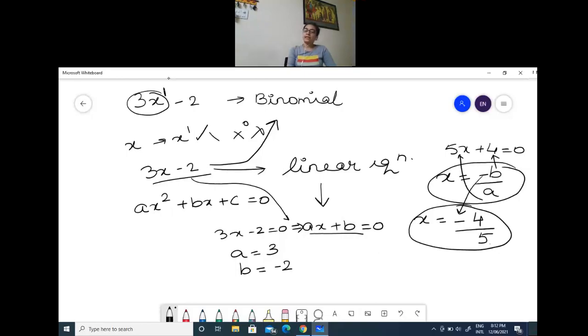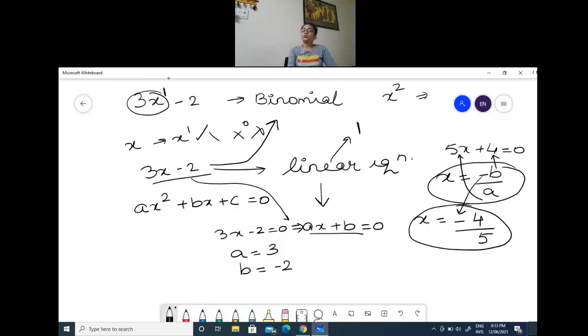Always remember, in case of linear equations, you will only get one answer. If you get two answers for the variable x, it means you have done something wrong. In case of linear equation, you will get only and only one value of x. Yes, in case of quadratic, which we would be doing later, you might get two values of x because that is x raised to 2.